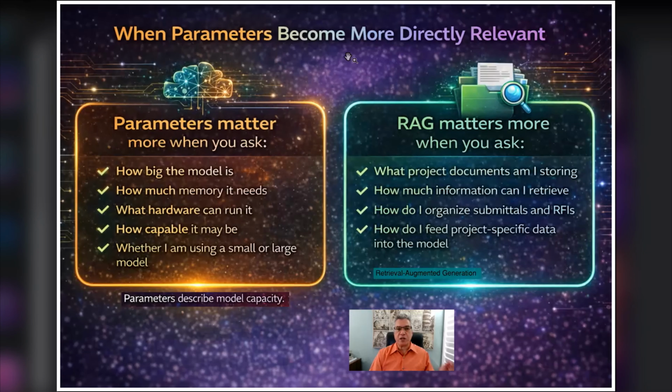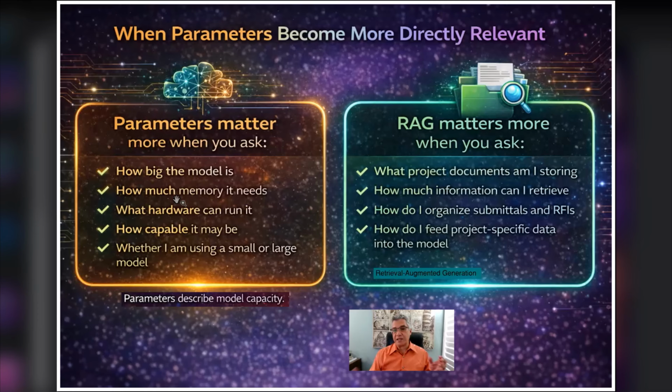The other thing here, we're going to be talking about the parameters and the RAG. I just want you to know that the parameter is how big the model is. So you're going to hear that this model is 1 billion parameters, or this model is 2 billion parameters, and as we said, this is how much information gets processed inside the model itself.